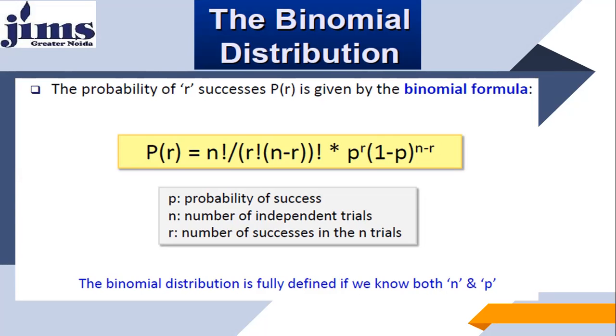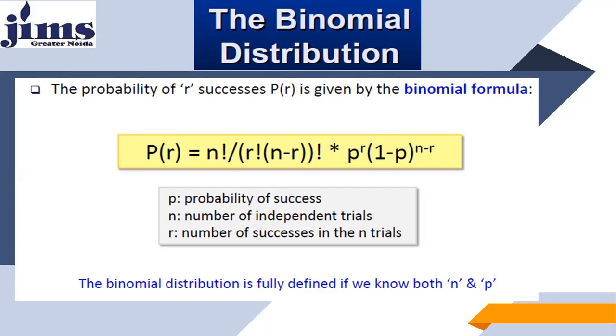In this formula, P(r) is equal to factorial n upon factorial r, factorial n minus r, into p to the power r, and then (1 minus p) to the power n minus r, right? Where p is the probability of success, then the probability of failure is 1 minus p, that you already know, and n is the number of independent trials.